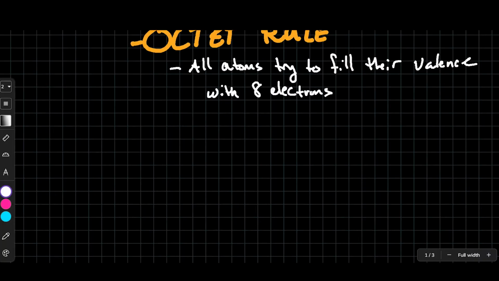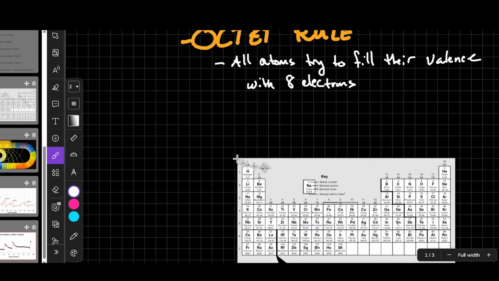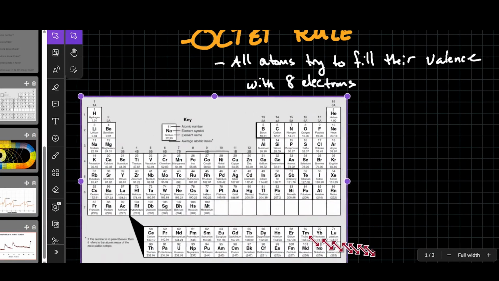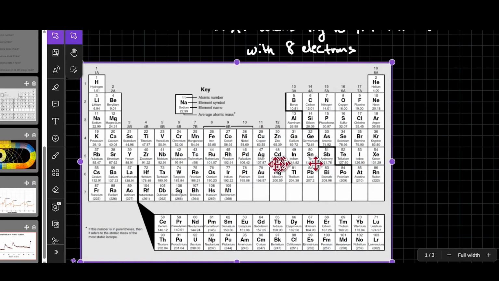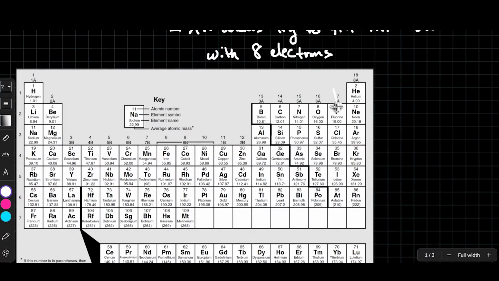So let's take a look at fluorine right here. Fluorine is atomic number 9, right? What would the nearest noble gas be to fluorine?